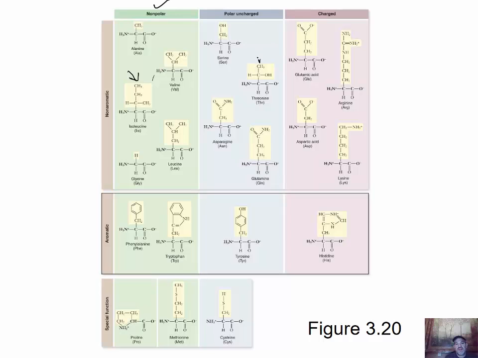So these are going to be polar, and then over here we have some charged amino acids. You're not responsible for knowing all of the exact structural formulas, but this gives you an idea that the reason they're variable is because of the side chain. Depending on how they're put together in long polypeptide chains will determine how the protein folds up and then ultimately its function.